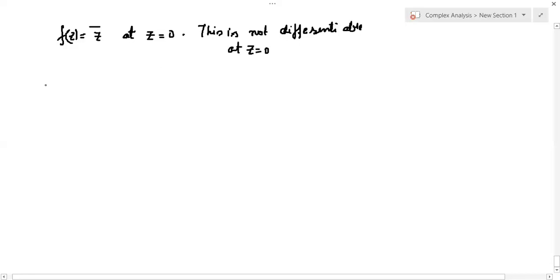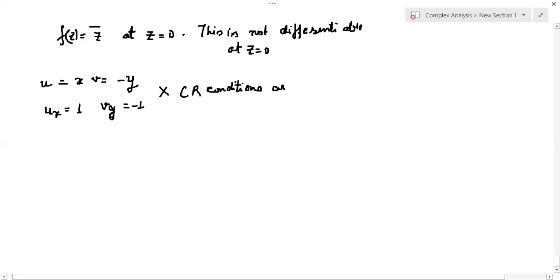If you really think, u is equal to x, and v is equal to minus y. ux is equal to 1, and vy is equal to minus 1. So clearly the Cauchy Riemann conditions are not met, so clearly it is non-differentiable.